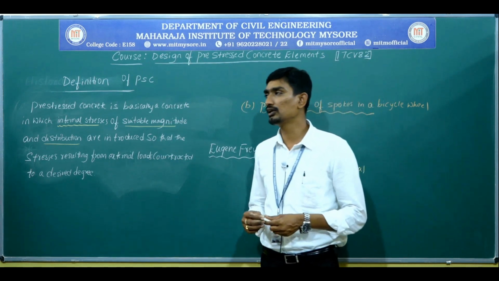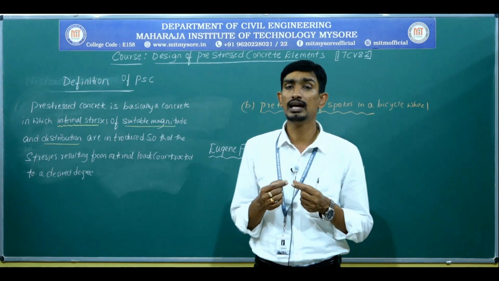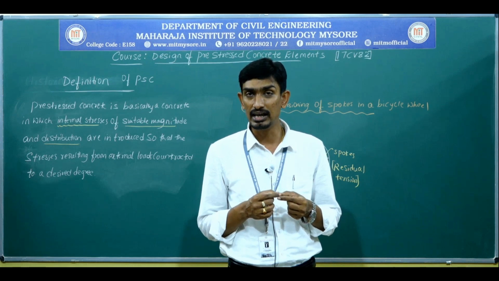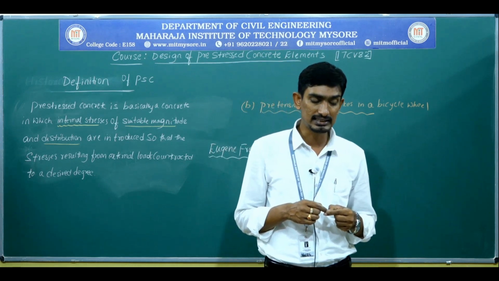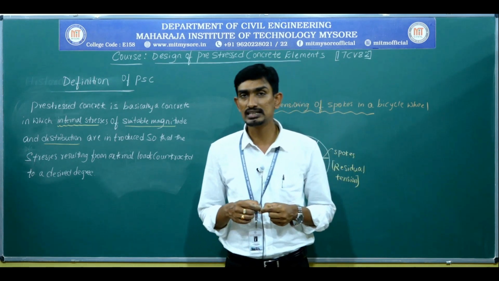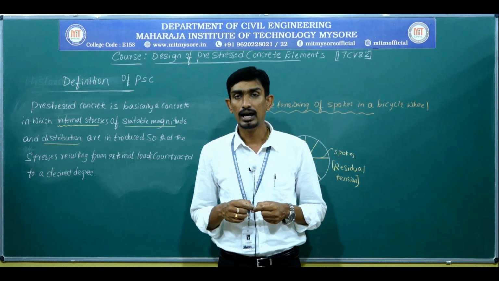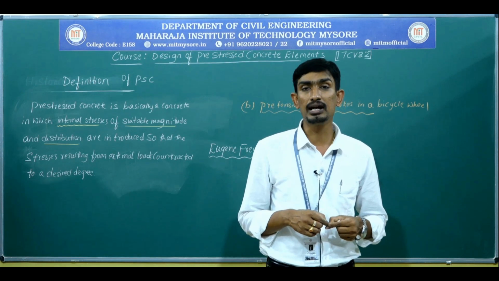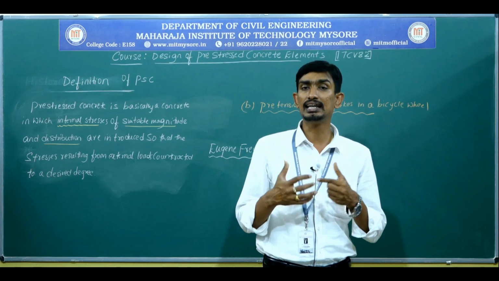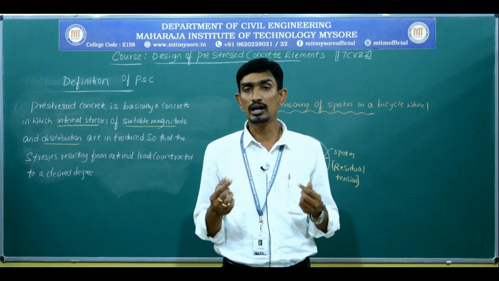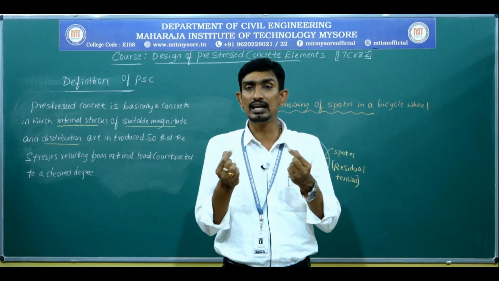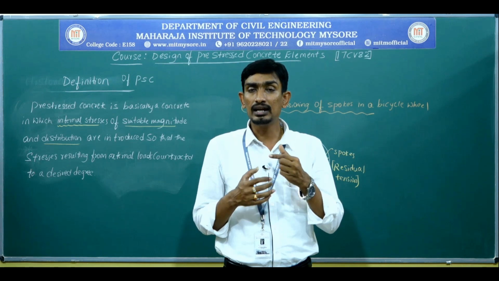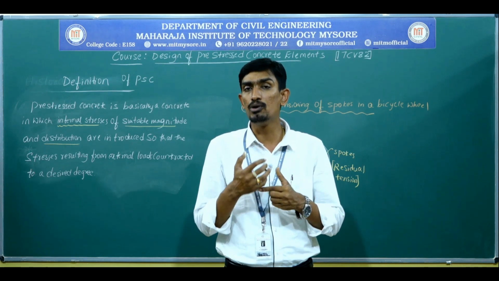The research he did was that he started to use high tensile wires of ultimate tensile strength of 1725 megapascal and a yield stress of 1240 megapascal. So this is the high tensile. He came to know that by inducing high tensile wires inside the concrete, the pre-stressing effect will be more.